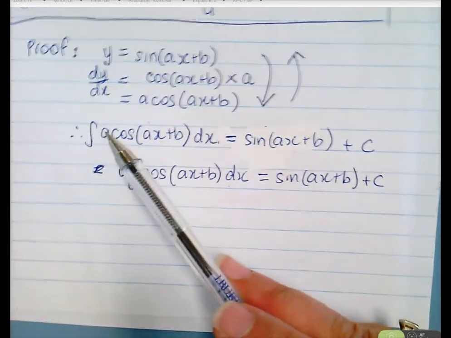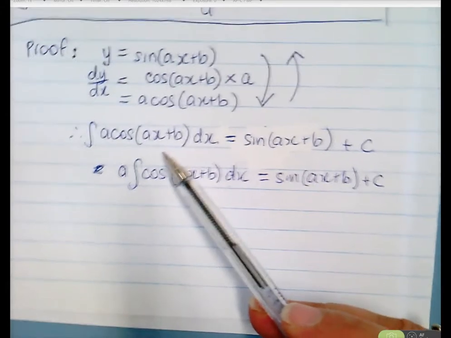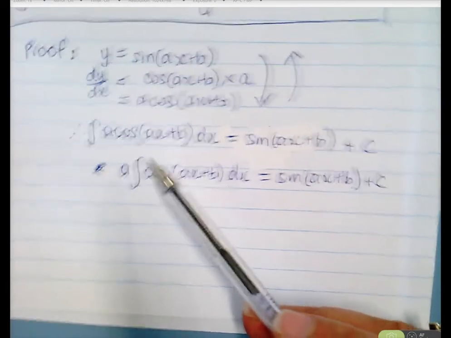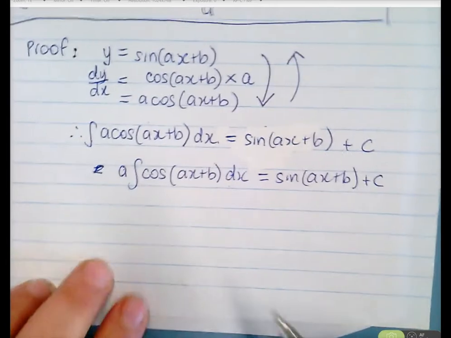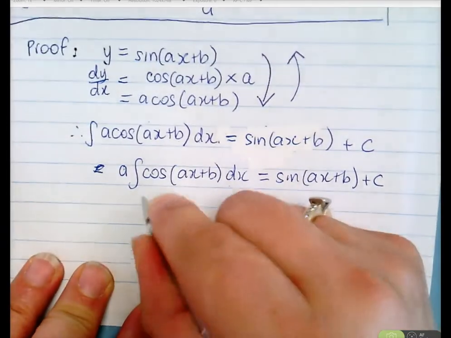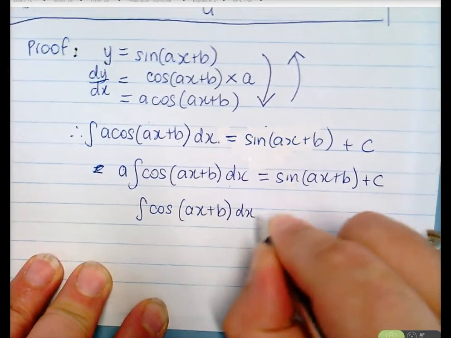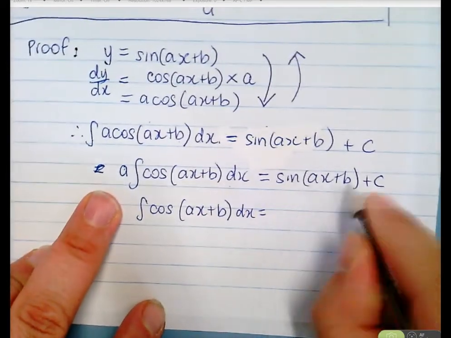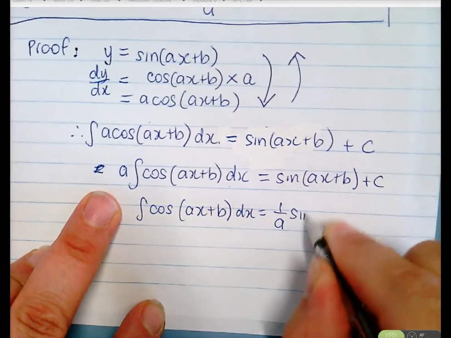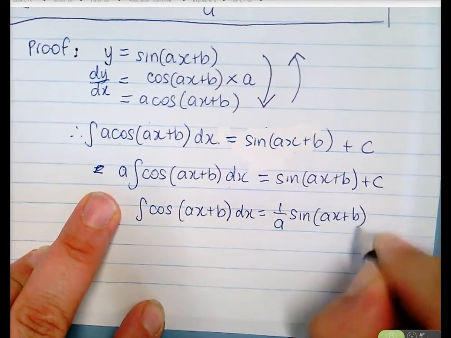The integral of 2x, for example, is the same as 2 times the integral of x. It's the same. So now I can divide through by a. So therefore, the integral of cos ax plus b with respect to x, if I'm dividing through by a, will be 1 on a times sine ax plus b plus c.